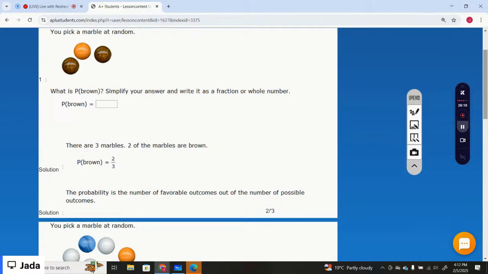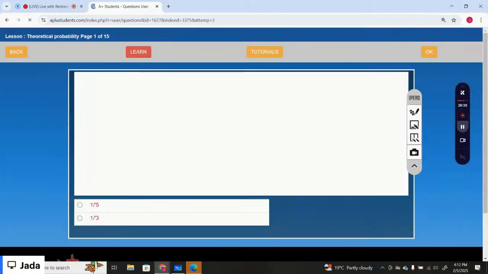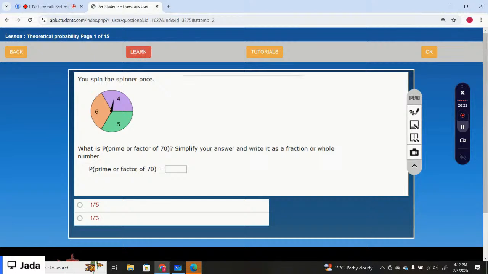Let's just start with the test questions. You spin the spinner once. What is the probability of prime or factor of 70? Simplify your answer and write it as a fraction or whole number. So the only prime number here is 5, and 5 is the only number that is a factor of 70, isn't it?